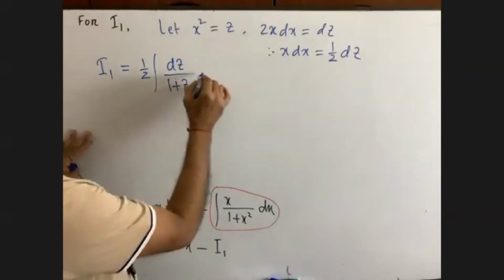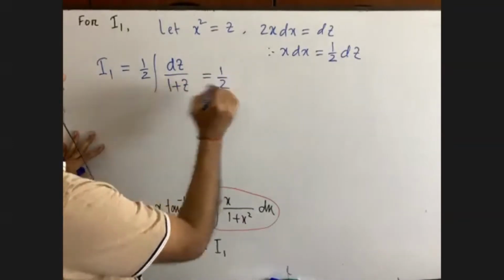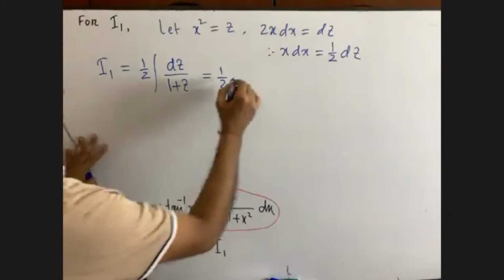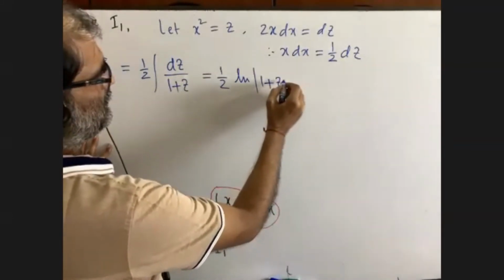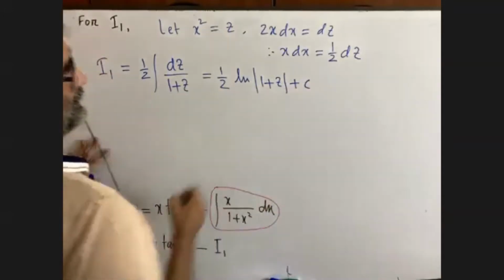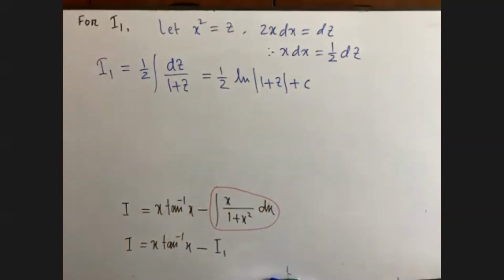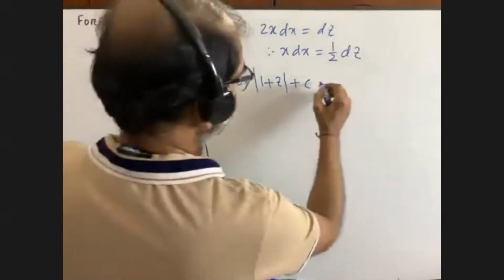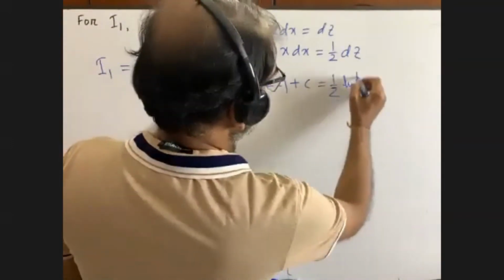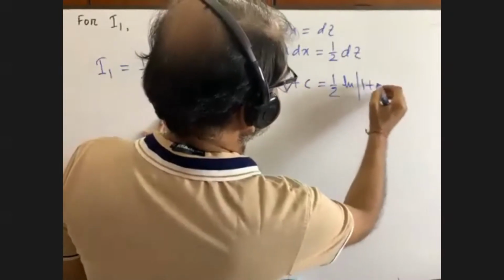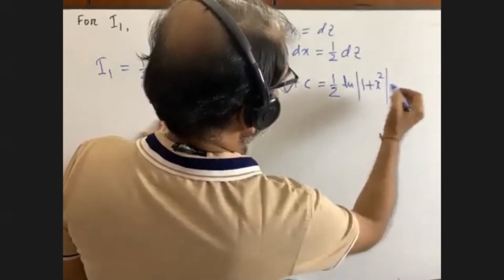So it is equal to what? Half, right? It is ln 1 plus z plus c. That means it is equal to half ln, what is the value of z? It is x square, plus c.